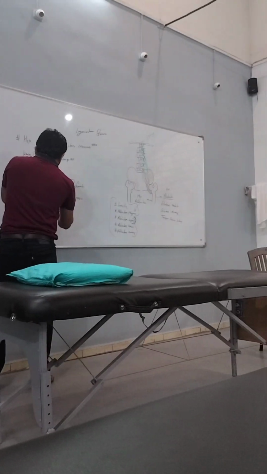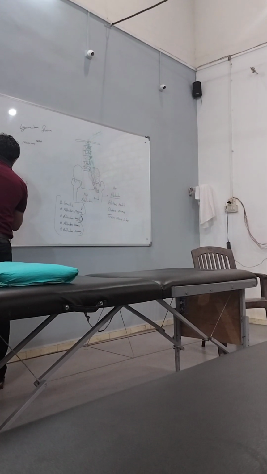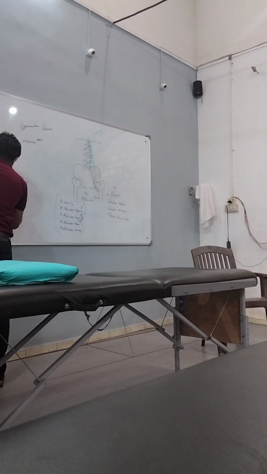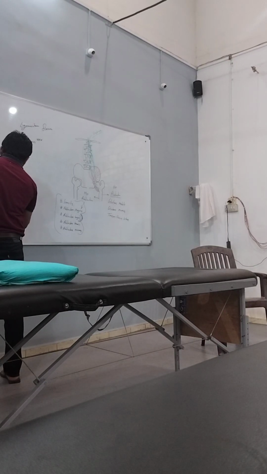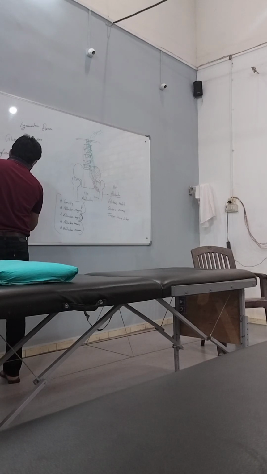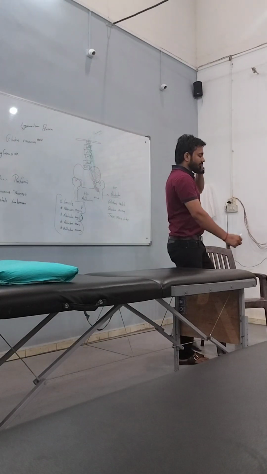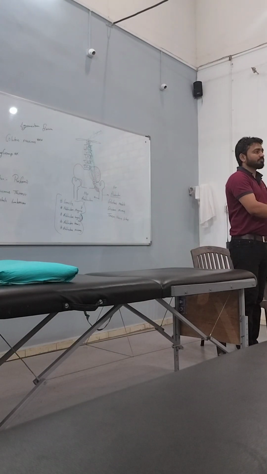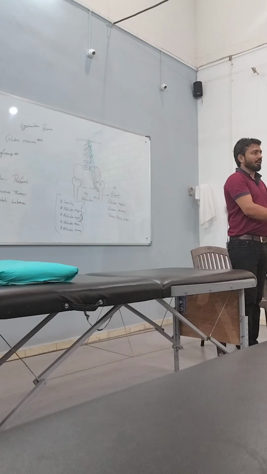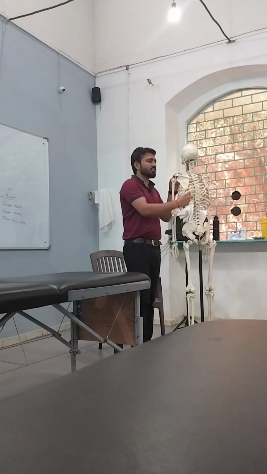The second muscle for extension: Ilio. Ilio means the iliac bone. Ilio means it starts from the iliac bone and goes to costal.